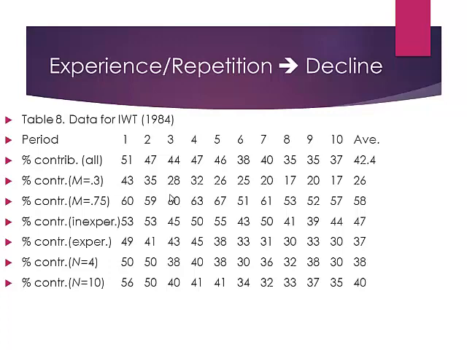Now what about experience? Well, in experience, 53, 53, 45, 50, 55. Experience shows somewhat lesser. So experienced players contribute less. This is what this table shows. However, this varies according to condition.